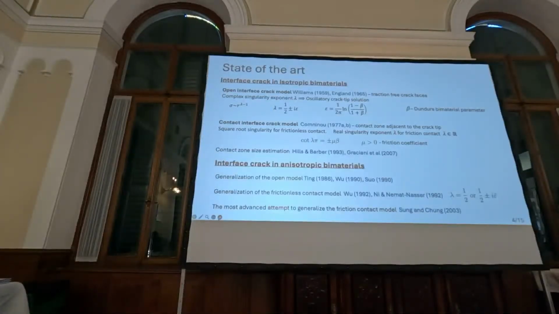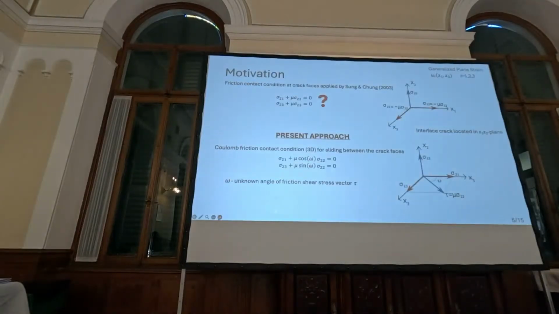Much more difficult seems to be the generalization of the friction contact model to an interface crack in anisotropic material. The most advanced attempt is by Sung and Chung from 2003. So we consider generalized plane strain with 3 components of displacement depending only on 2 coordinates, x1 and x2, and the interface crack is located in the x1, x3 plane, so the interface crack is perpendicular to the x2 axis.